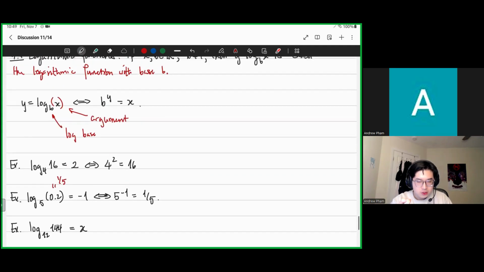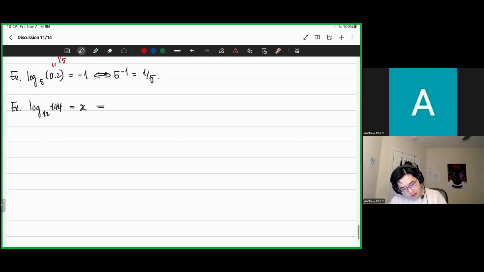Then you can switch this to exponential form, so 144 is equal to 12 to the x. In this case, 144 is 12 squared, which is equal to 12 to the x. Since the bases are equal, I can simply set x equal to 2. So in first principles terms, computing a logarithm is simply an exponent finder.